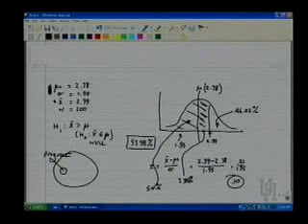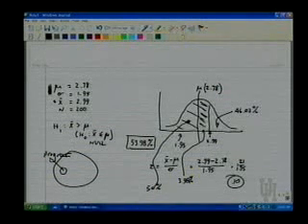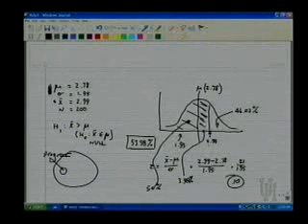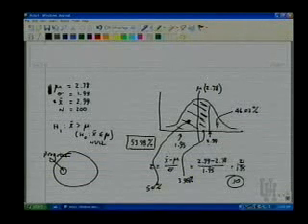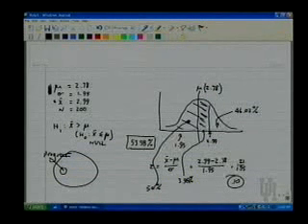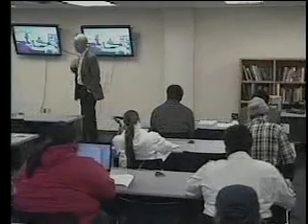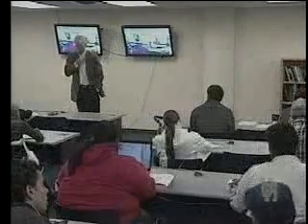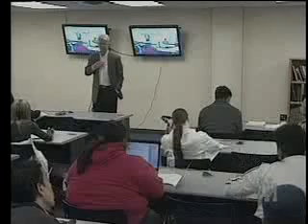How confident do you want to be in your decision? How confident do you have to be in order to reject the null hypothesis? Pretty confident?